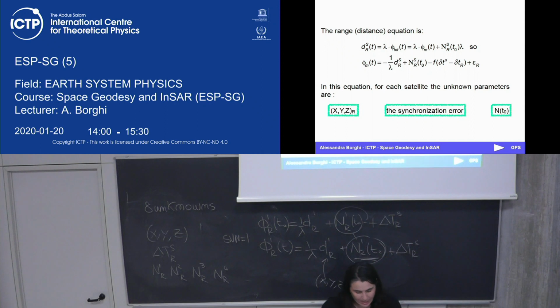Just to say, okay, I want that it's clear that the code observation is the observation that we use with our smartphone or our navigation system and so on. When we want to use GPS or GNSS for geophysical applications, we use phase measurement.